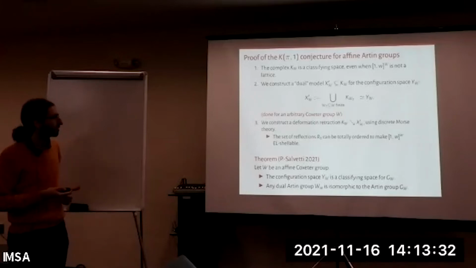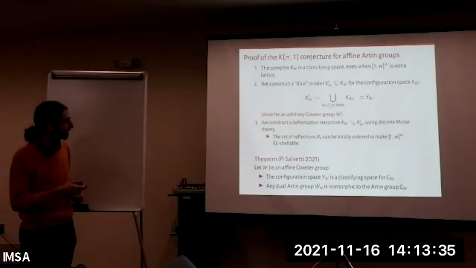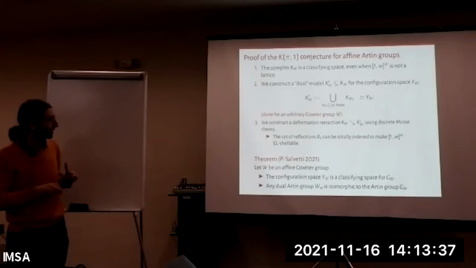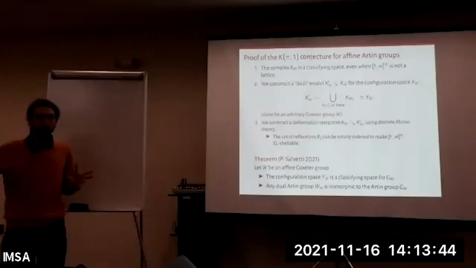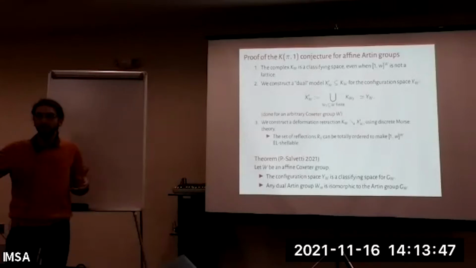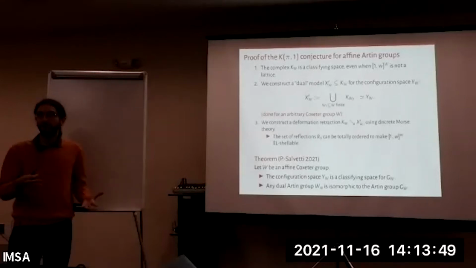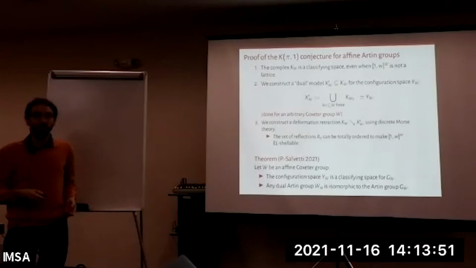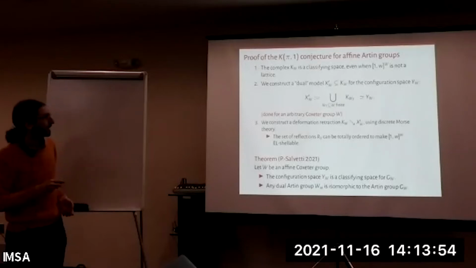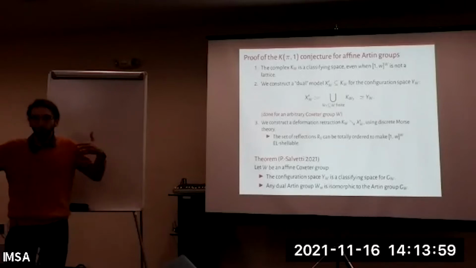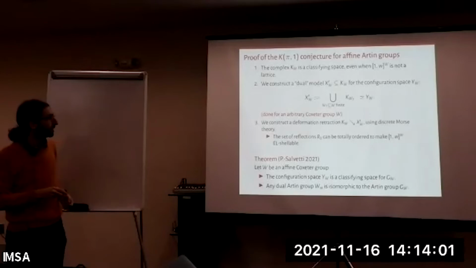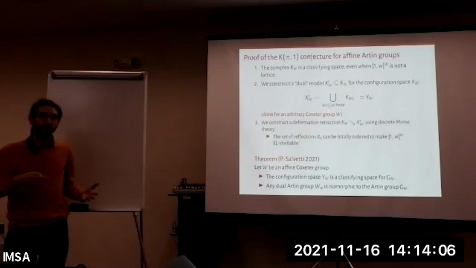But it also implies that this dual presentation that we used gives the same group as the standard affine Artin group, because the fundamental group of KW is this dual Artin group, whereas the fundamental group of XW prime is the standard Artin group.